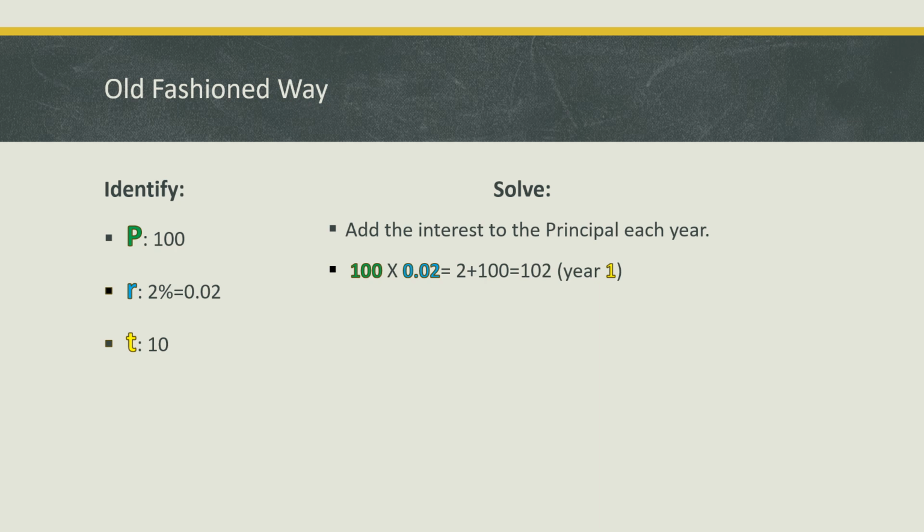Now the next year, instead of starting with 100 again, we start with 102. So it's stacking on to the next year. So now we multiply 102 times 0.02, and that gives us $2.04 to add on again, giving us $104.04.